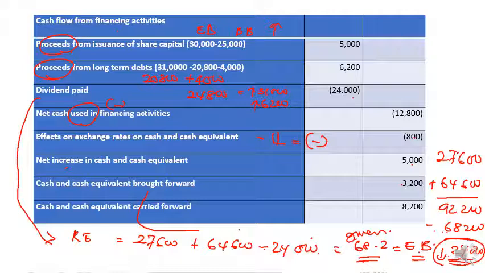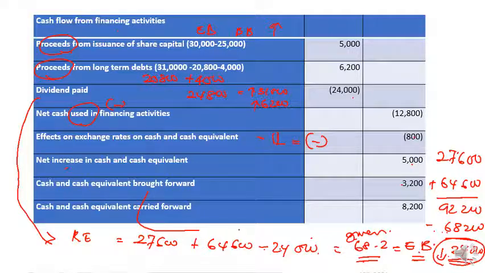And then for long-term debt, the beginning balance you have here is 2,800, and then look at what you acquired, another 4,000 here. So you are going to have 24,800 for the long-term loans.